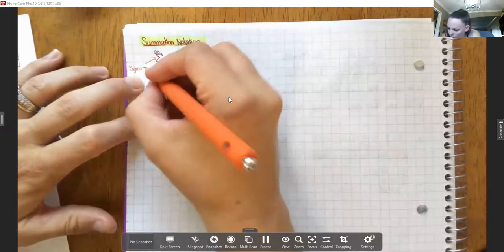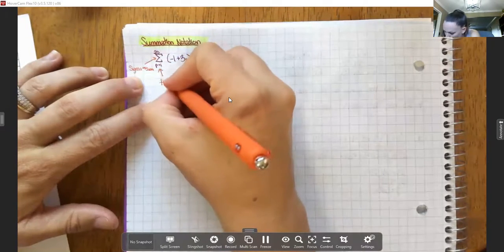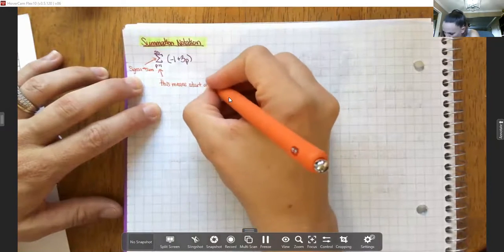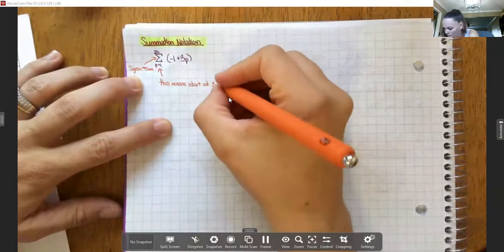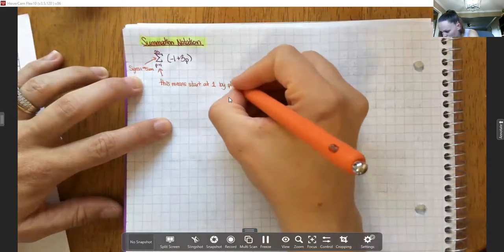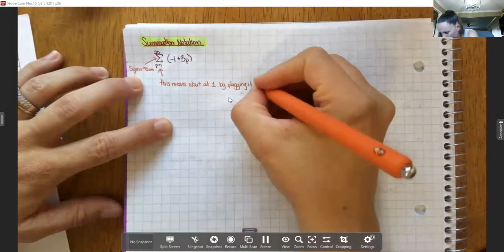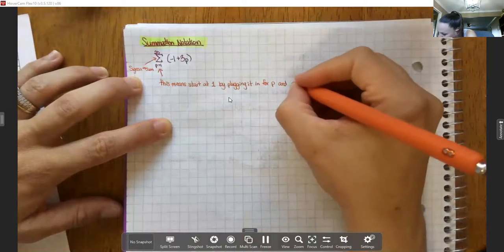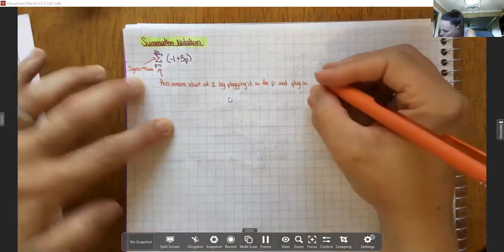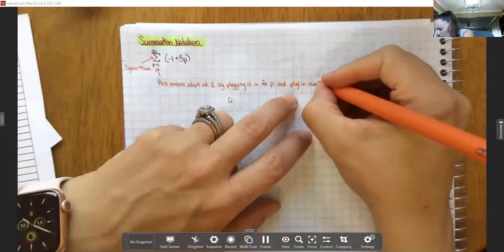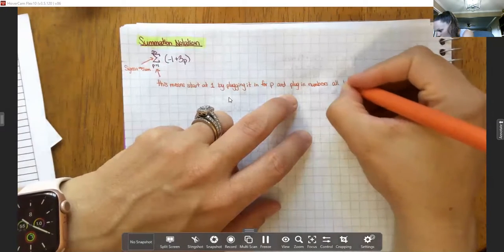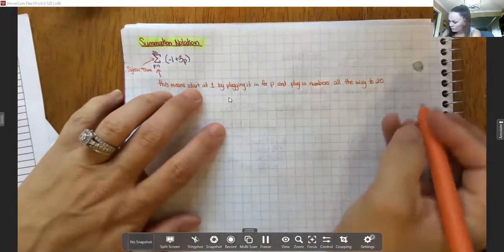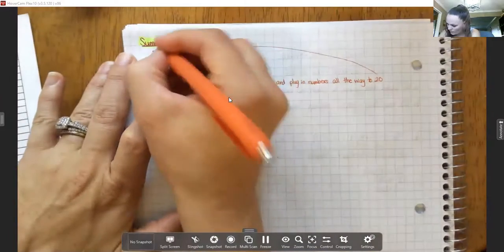This right here, so p equals 1, this means start at 1, by plugging it in for p, and plug in numbers all the way to 20. Because that guy right there is 20.